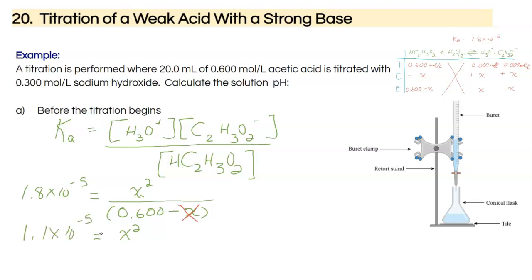And again, I'm just rounding to two significant digits here, but I'm not truncating the original value. So I'm going to square root this to find the value of x. So I'm getting that x has a value of, let's say, 3.3 times 10 to the negative 3 moles per liter.